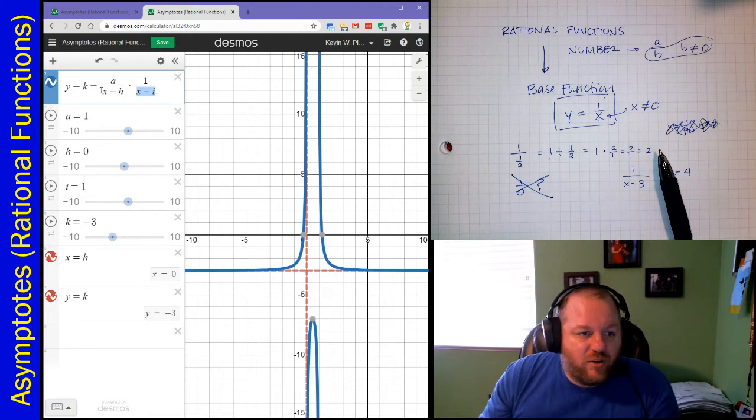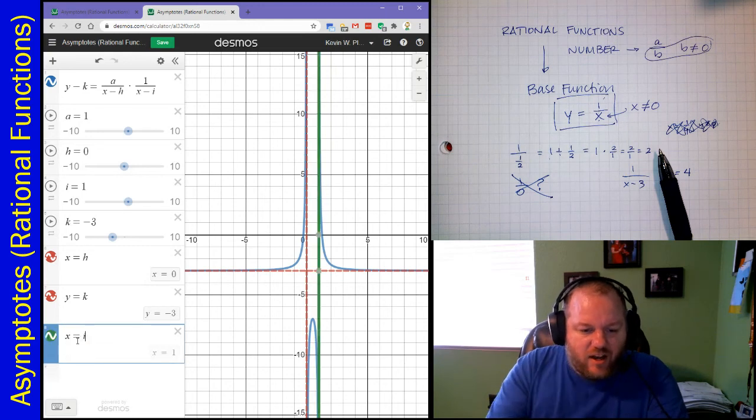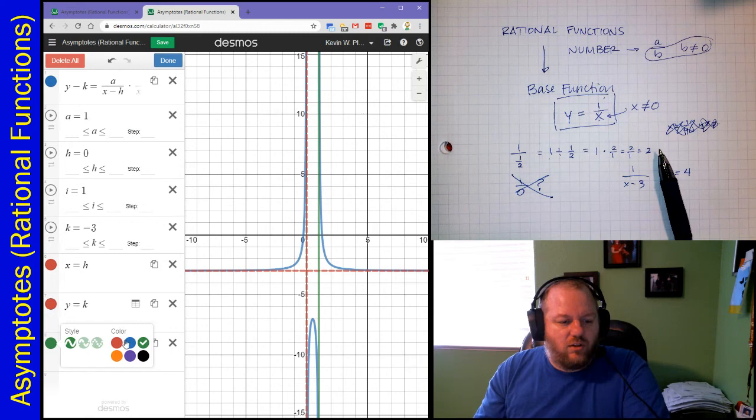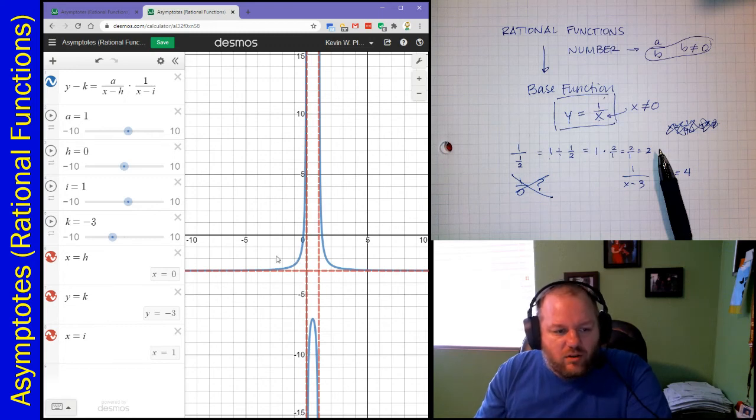If either of these denominators gets to be 0, then you're going to have an asymptote. So I'm going to have another asymptote at x equals i. Change that one to red and dotted. So now h equals 0, i equals 1.